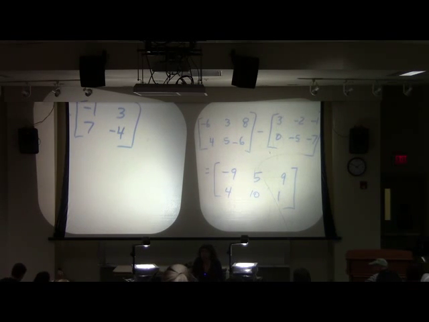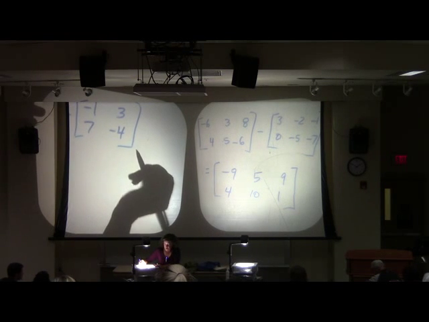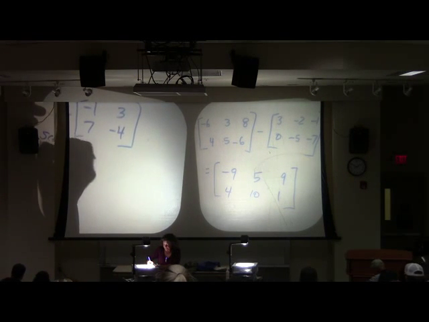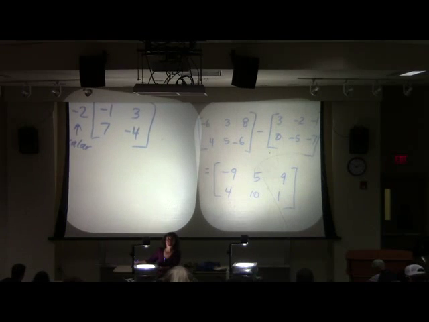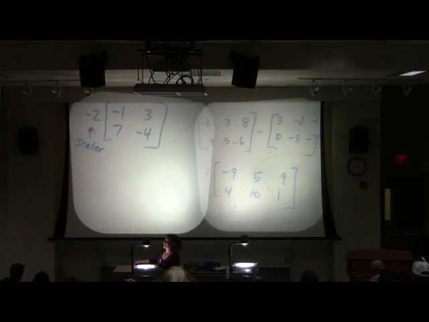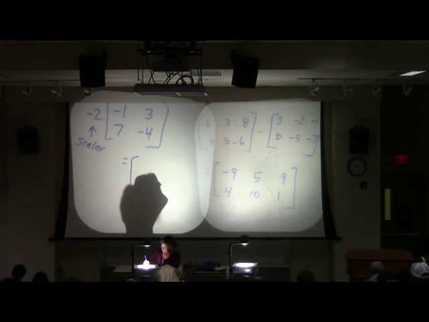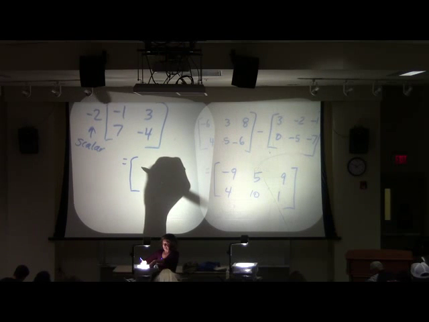Wouldn't you want to multiply every term by that negative 2? Totally, right? You're thinking, this is just like the distributive property. When there's a number in front of your matrix, it's called a scalar, if anybody really cares. The point is, exactly what you want to do is exactly what you get to do. Isn't that awesome? So, what do you get if you take negative 2 times this matrix?